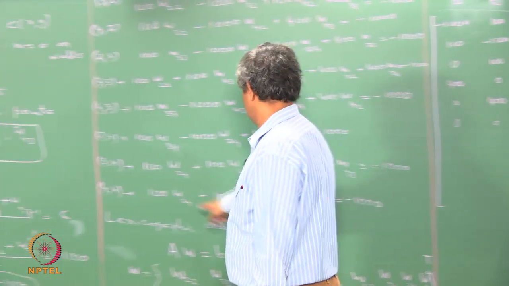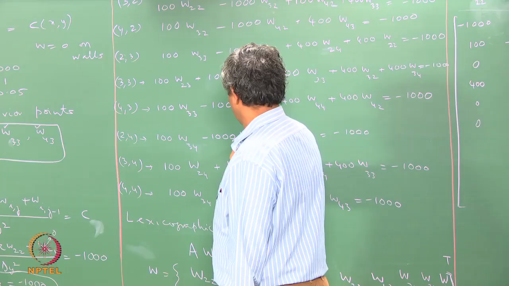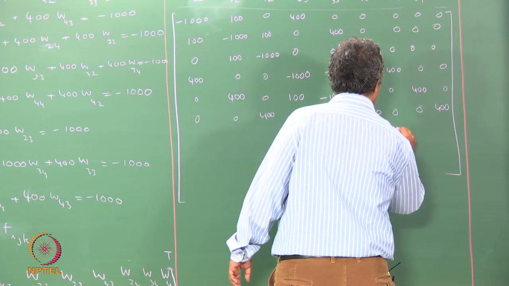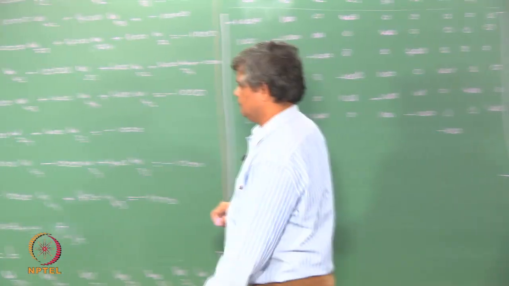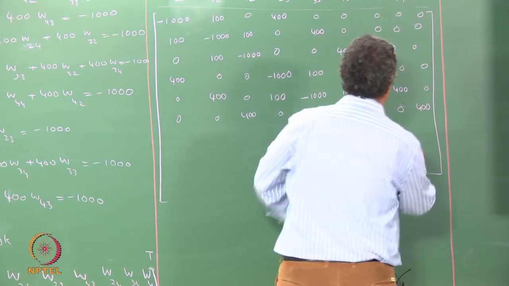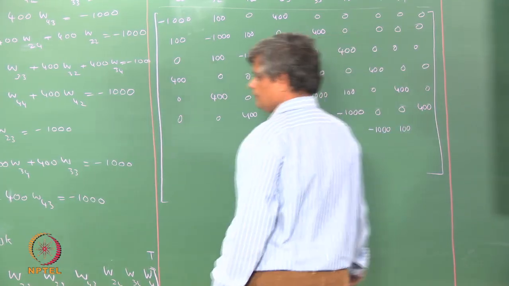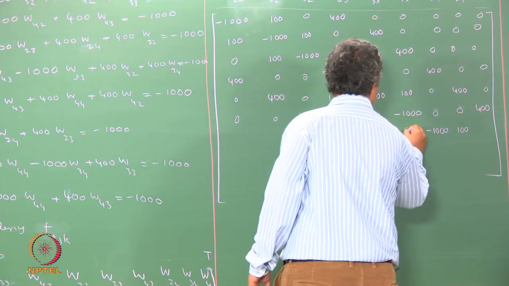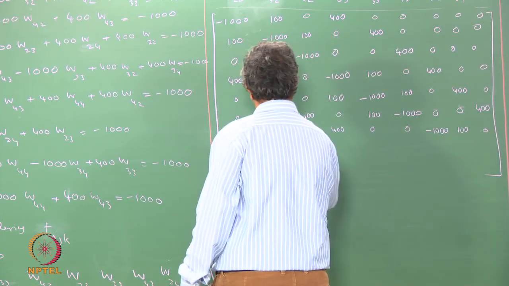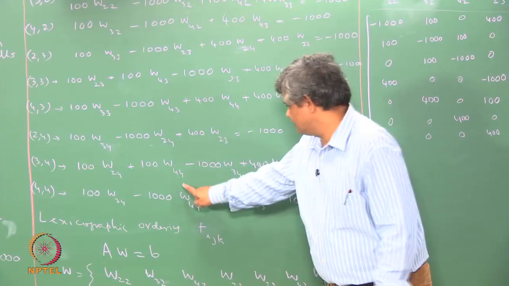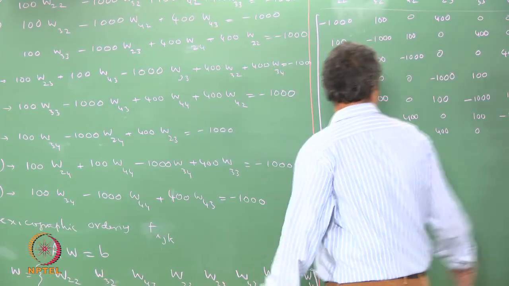Now, W24 is minus 1000, W34 is 100, W23 is 400, and all the others are 0. And here we have W34 as minus 1000.